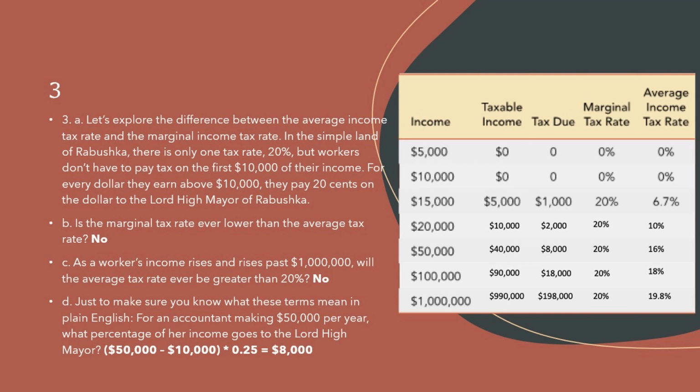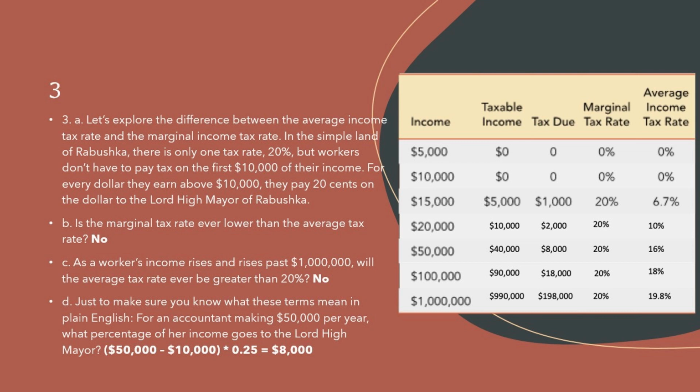So in order, the taxable income is 10,000, 40,000, 90,000, and 990,000. The tax due is 2,000, 8,000, 18,000, and 198,000. The marginal tax rate stays the same at 20%, and the average income tax rate is 10%, 16%, 18%, and 19.8%.